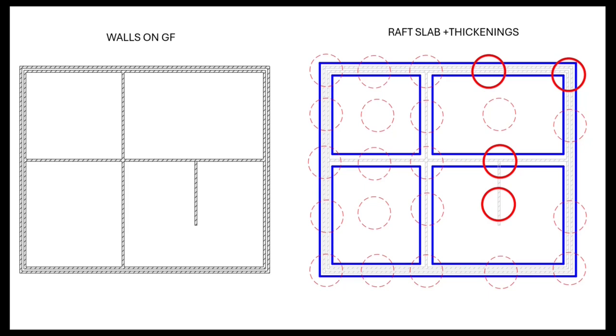So as you can see, there are many possible cases we should check, but this is only in theory because we know that generally our slab and our slab thickenings have the same properties, similar geometry, similar reinforcement. So we actually need to find only a couple of critical locations, and we need to check them.